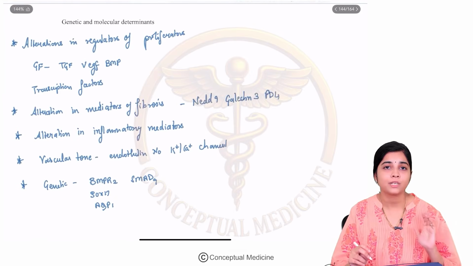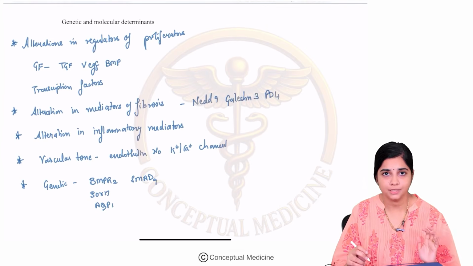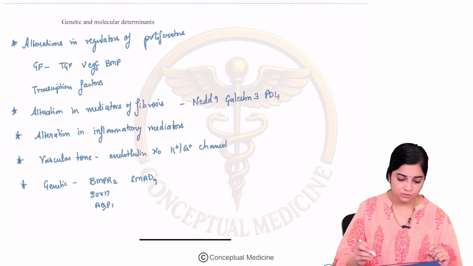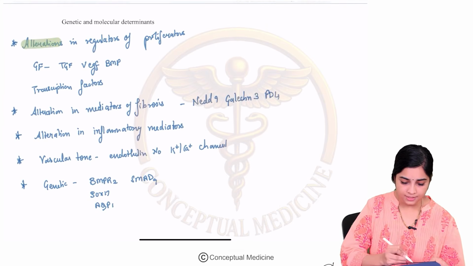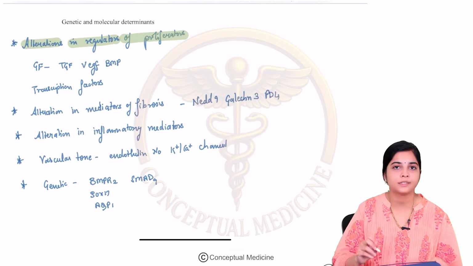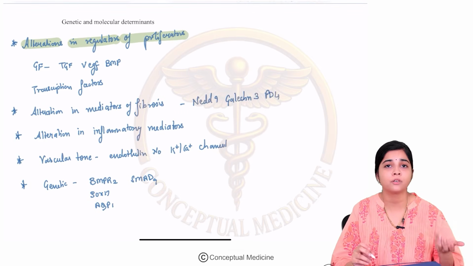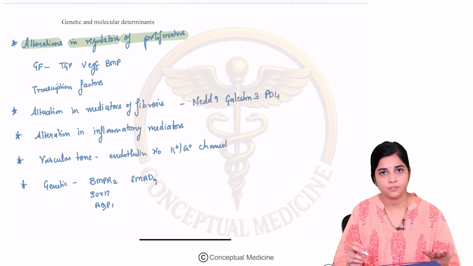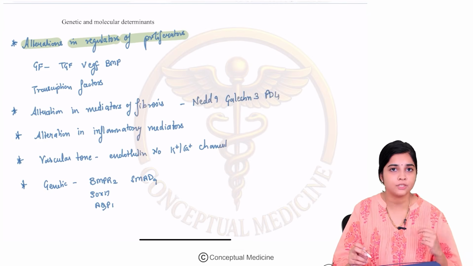Let us understand what are the genetic and molecular determinants of pulmonary hypertension. So the first is that there can be alterations in the regulation of proliferators. That is the reason why you have abnormal smooth muscle and fibroblast proliferation that we have seen in your plexogenic model.